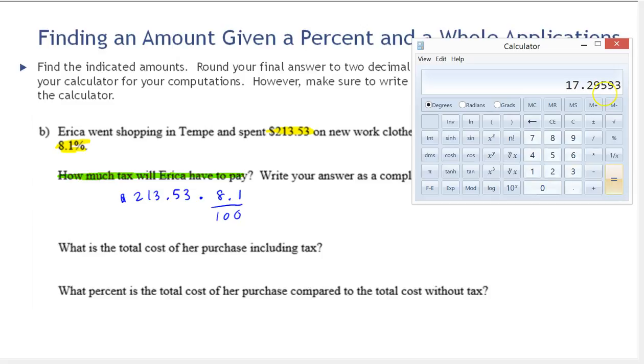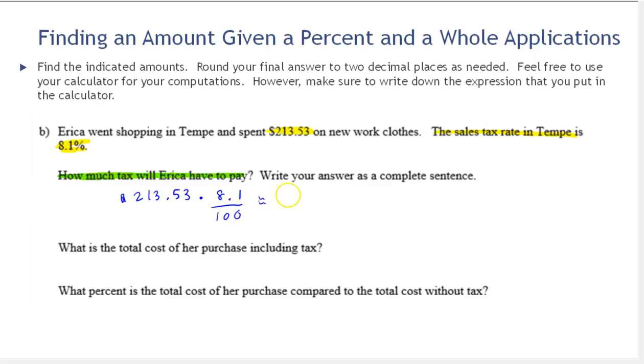We will round this to 2 decimal places, which has us round up from 17.29 to 17.30. So $17.30. Oh, complete sentence. She will pay $17.30 in sales tax.